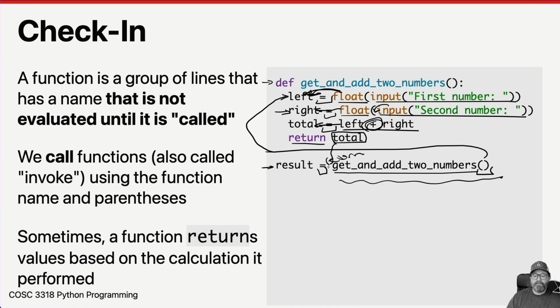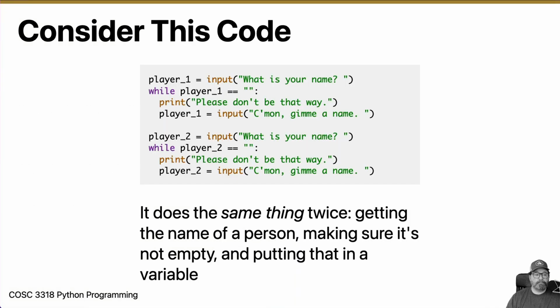And this return value is what ends up getting assigned to a variable. It's like this function call gets replaced with whatever number ends up being the sum of those 2 things. It gets replaced and then put inside there. So this is how functions that return values work.